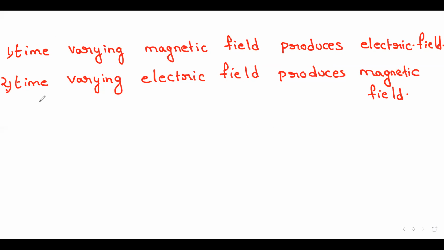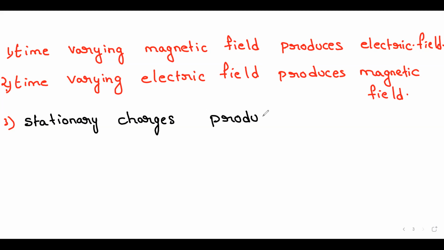So we know that stationary charges produce electric field. Stationary charges are the charges which are at rest.